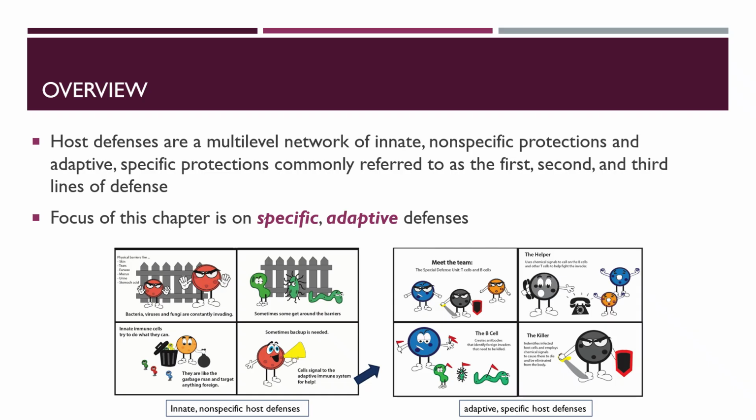So again, we have a multi-level network of innate, non-specific protections as well as adaptive specific protections that we refer to as the first, second, and third lines of defense. This chapter is going to be on the specific adaptive defenses.